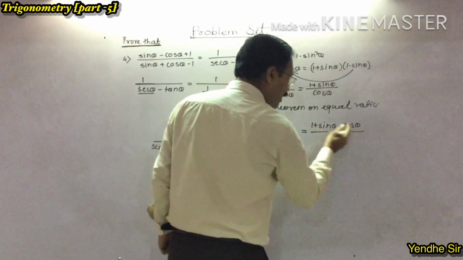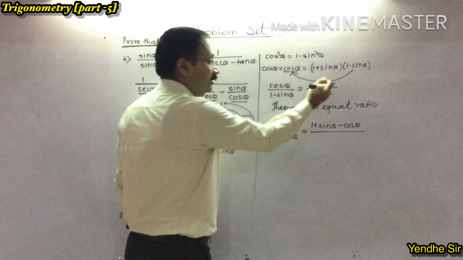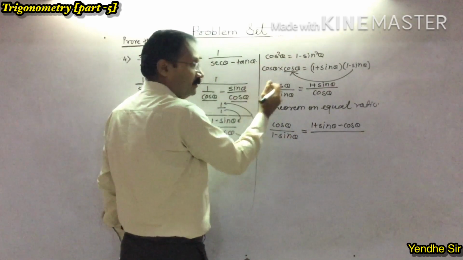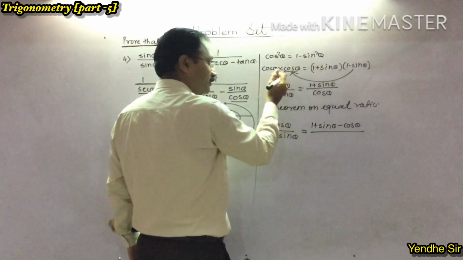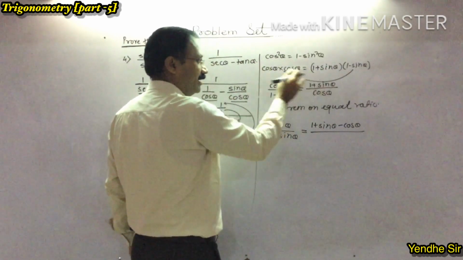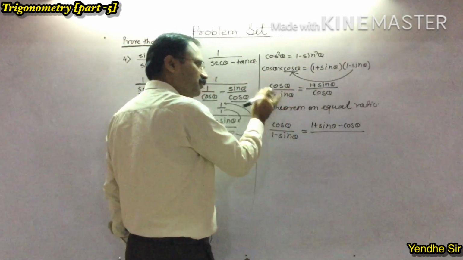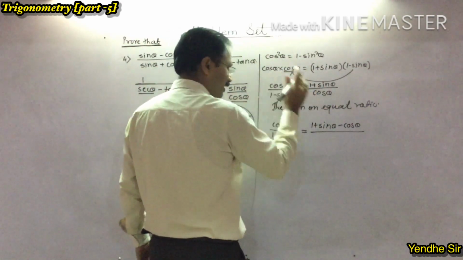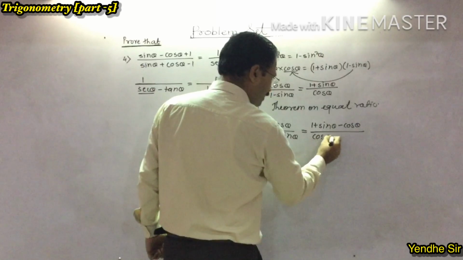So what you have done in the numerator, right minus left, the same you have to do for the denominator: right minus left, means cos theta minus.